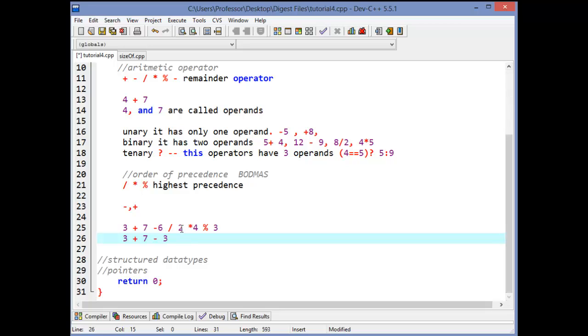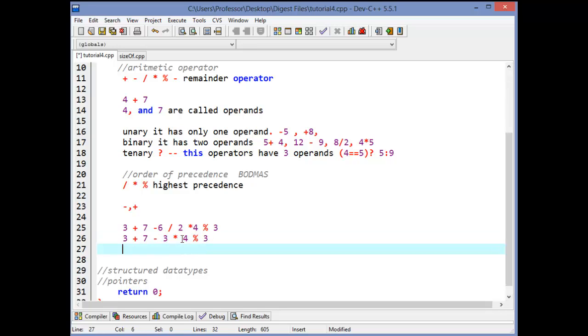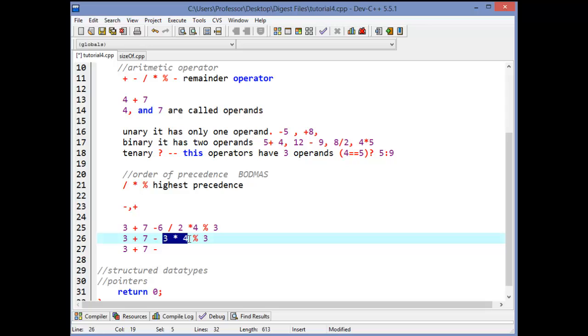Is that okay? Then right after that, when this gives us 3, we now have times 4 modulo 3. Then our next step is going to be 3 plus 7 minus 3. Now between this and that, is that okay? There is a multiplication sign.